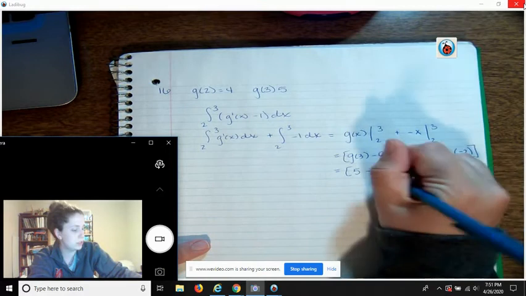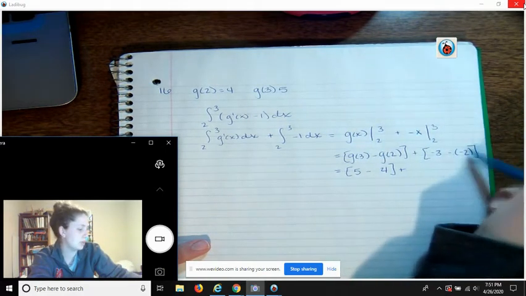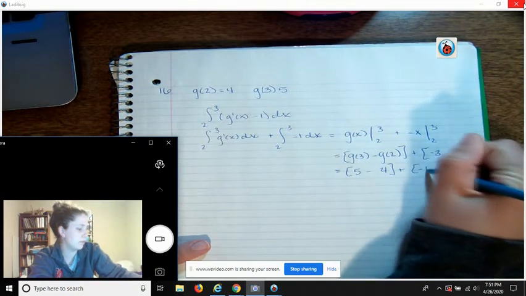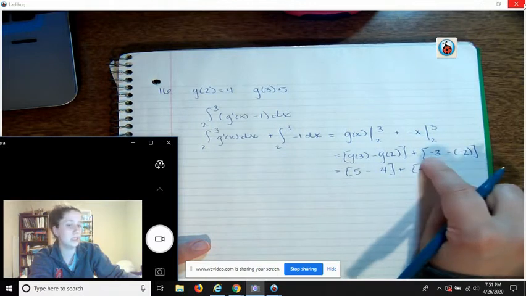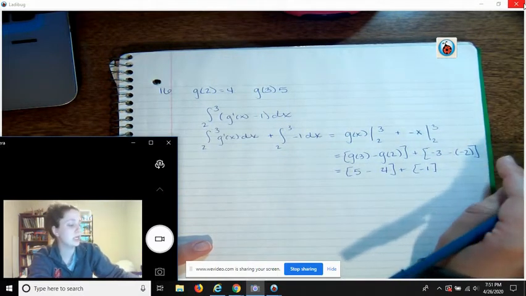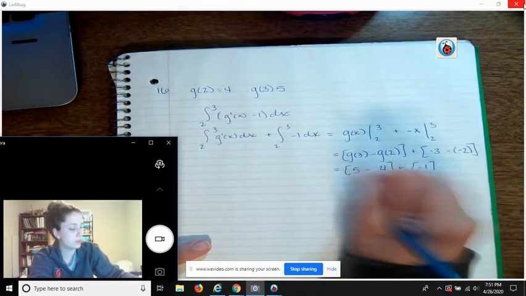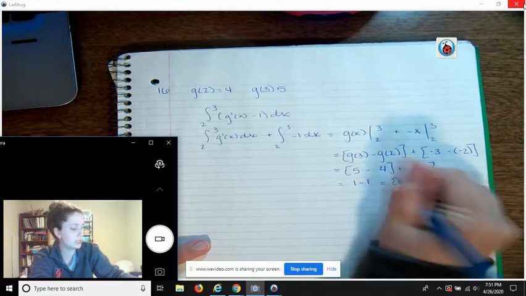We know g of 2 is 4. And then we know that this is going to end up being a total of -1. The double negative gives us a positive, so -3 plus 2 should give me -1. So 5 minus 4 is 1, and then we have a -1 here. This should give me 0.